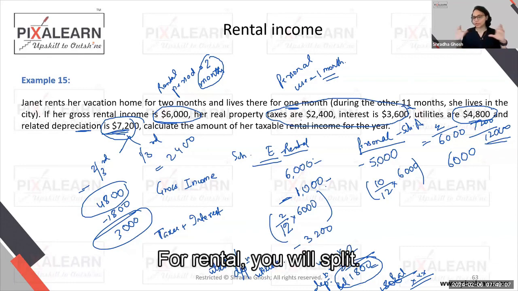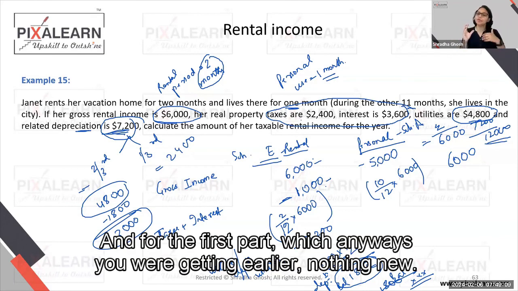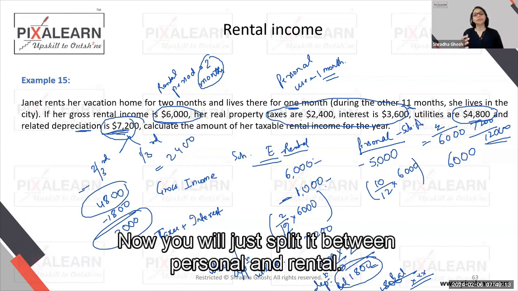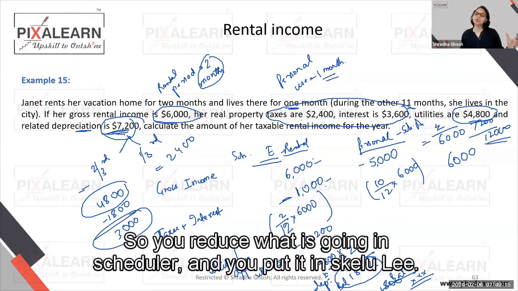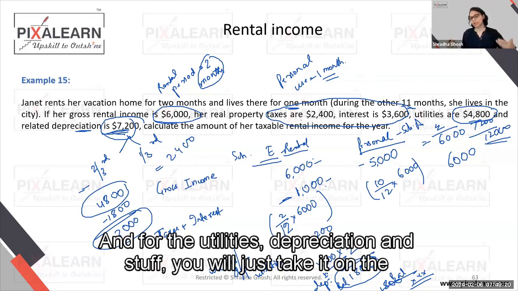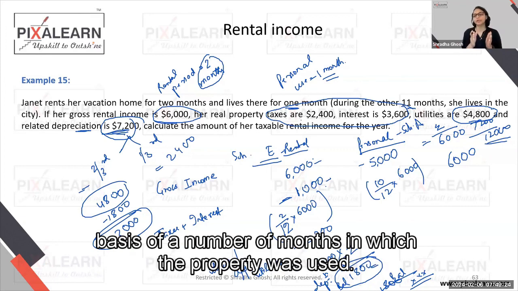For rental, you will split. And for the first part, which anyways you were getting earlier, nothing new now, you will just split it between personal and rental. So you'll reduce what is going in Schedule A and you'll put it in Schedule E. And for the utilities, depreciation, and stuff, you will just take it on the basis of the number of months in which the property was used.